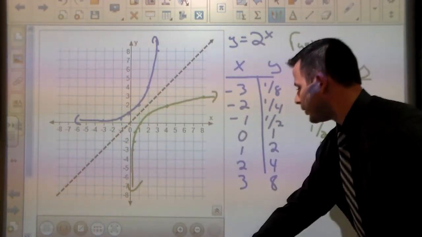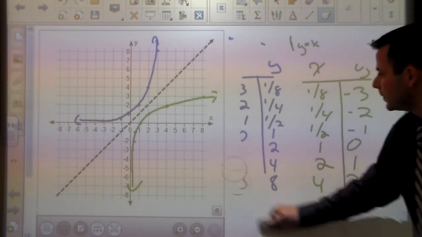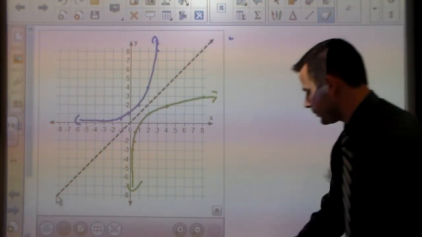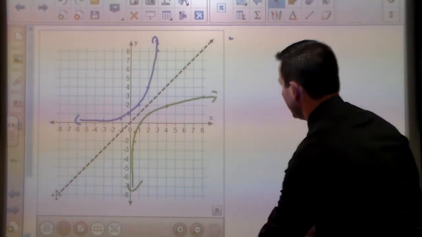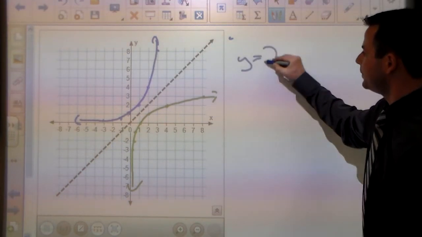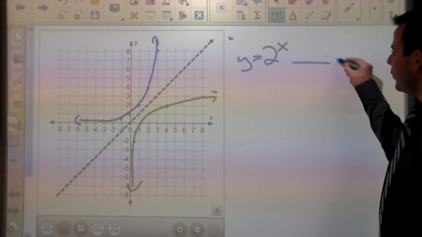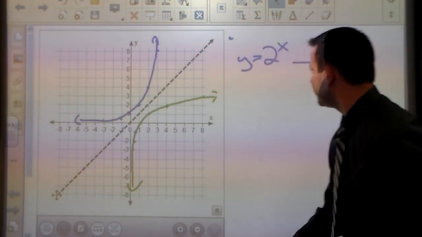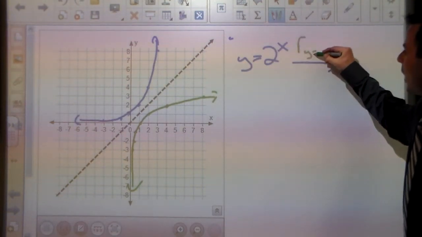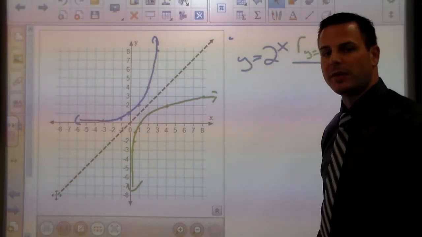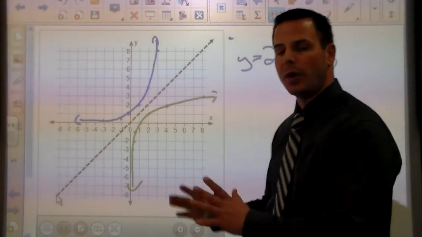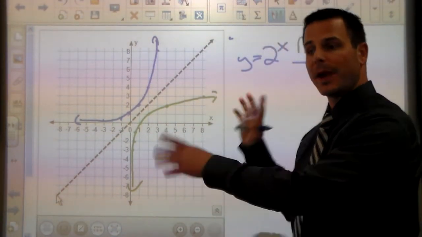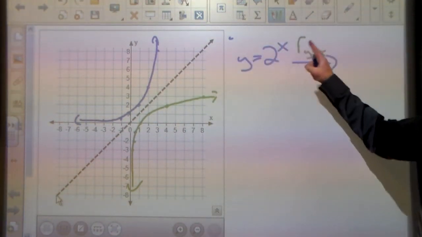So now let's write the equation. We started with a function y equals 2 to the x power. We performed the transformation. That transformation was a reflection over the line y equals x. To write the equation, you do exactly what you did to the ordered pairs. The ordered pairs, we switch x and y. So that's what you do to the equation.